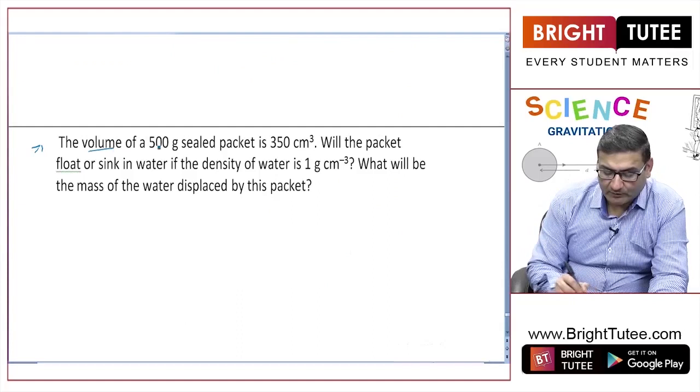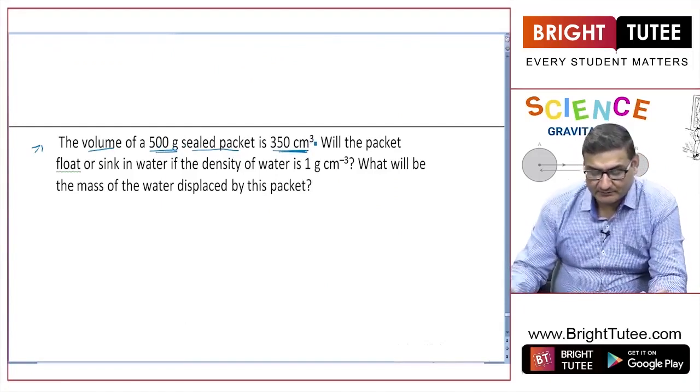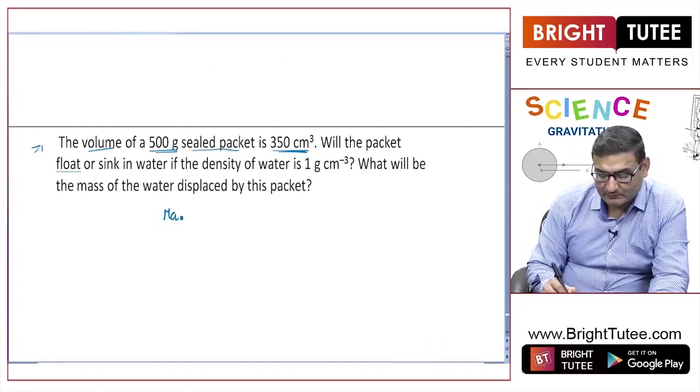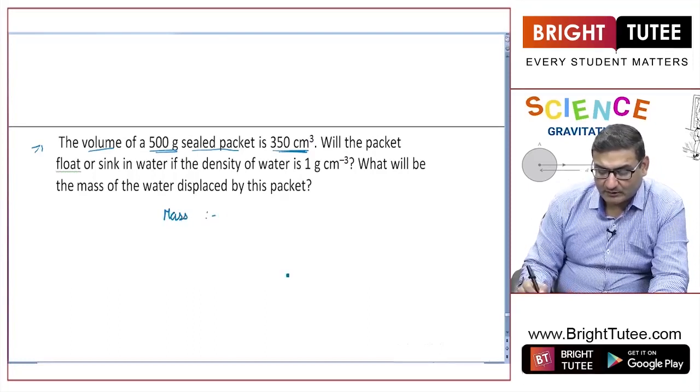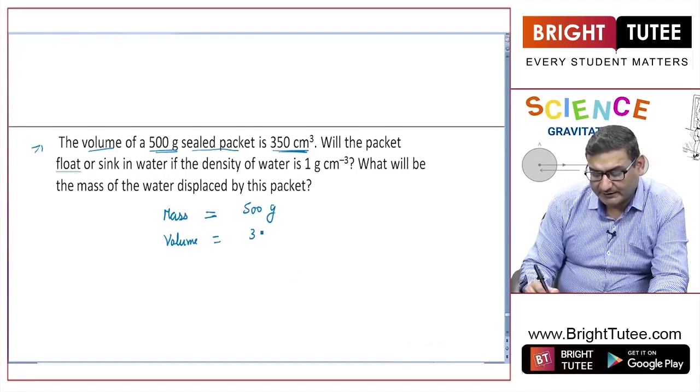Now, the mass of a sealed packet is 500 gram and its volume is 350 centimeter cube. Once again, gram and centimeter, so the units are okay. Let us see what is given to us in the question. The mass of that packet is 500 gram and the volume is 350 cubic centimeter.